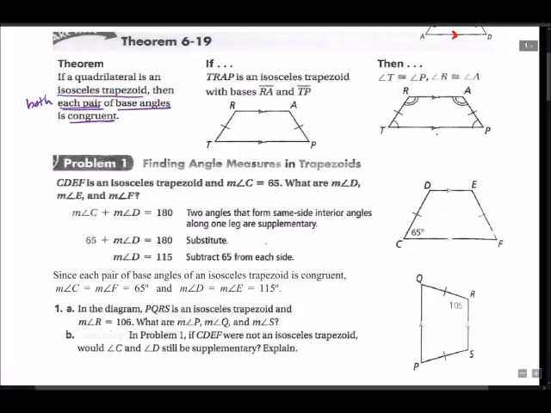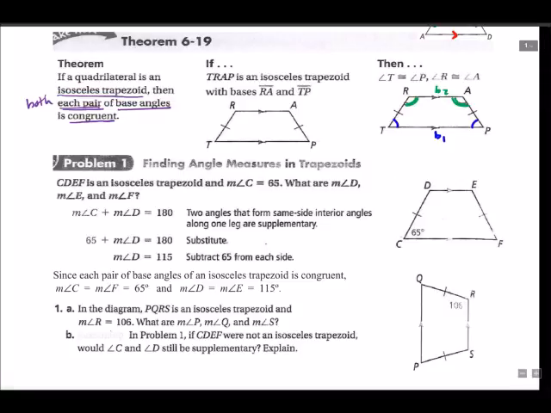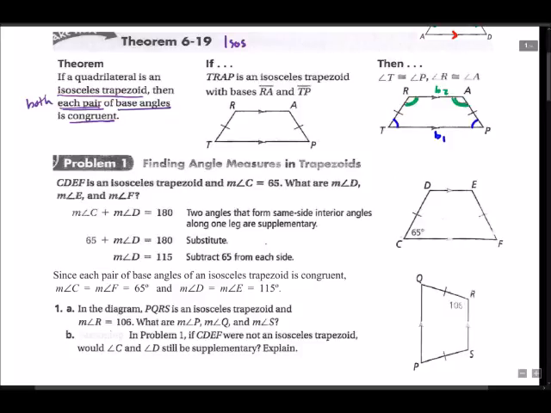So here's a base, there's our base angles. Here's our other base, we'll label this base 1. Here's our other base, base 2, so our base angles are congruent. So we could name this one isosceles trapezoid, base angles congruent. Right? That's not too bad.